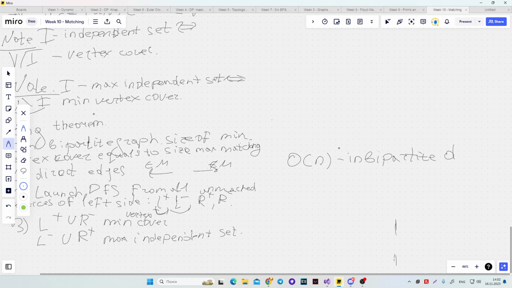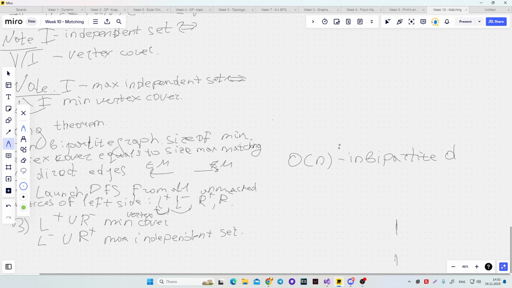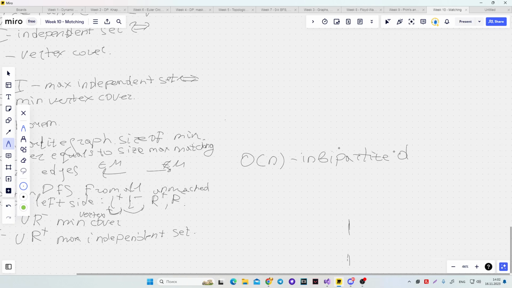If we can find an independent set, we can find cliques too. So in a bipartite graph we can find cliques efficiently, and in general we can find cliques with this complexity.